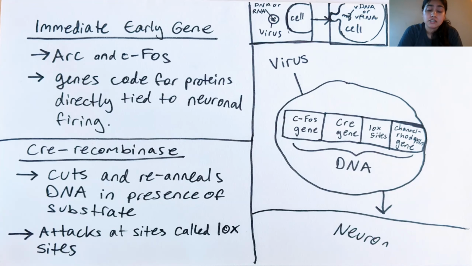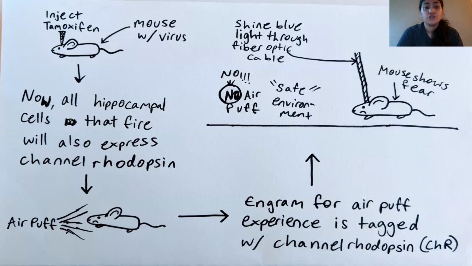Now the cells in that mouse hippocampus will contain that gene sequence, which has the light activated ion channel rhodopsin in it, that will only be activated if both the neuron is firing and Cre-recombinase is active. So if this is a mouse, for example, you can actually inject the mouse with the substrate for Cre-recombinase.